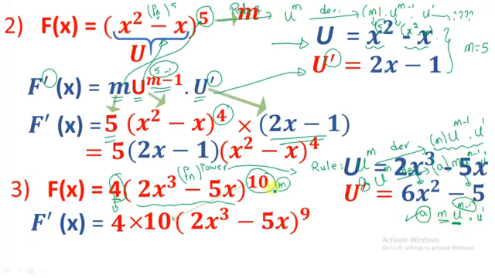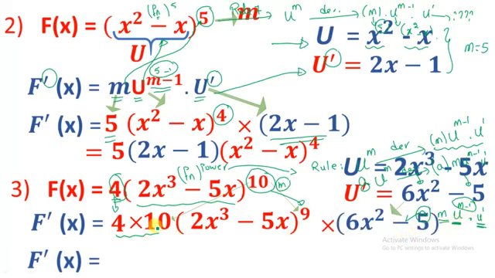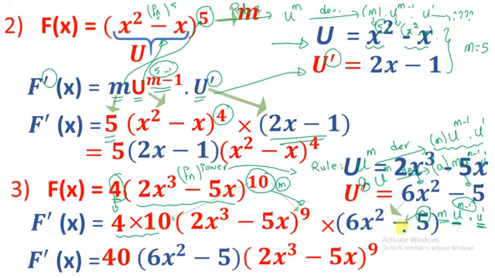So 10 minus 1 is 9. Still we have u prime, so it is multiplied by u prime, which is 6x squared minus 5. 4 times 10 is 40. Multiplied by (6x squared minus 5) multiplied by (2x cubed minus 5x) to the power 9.